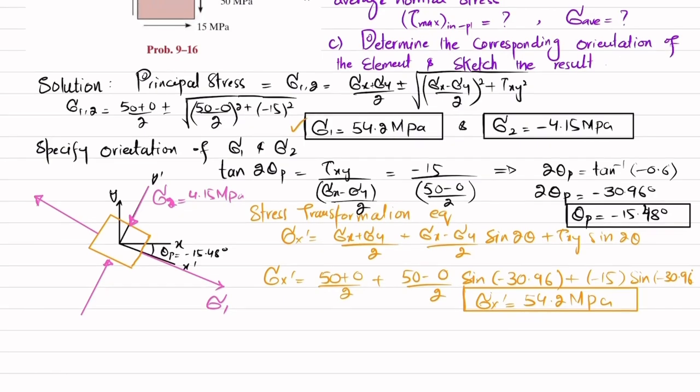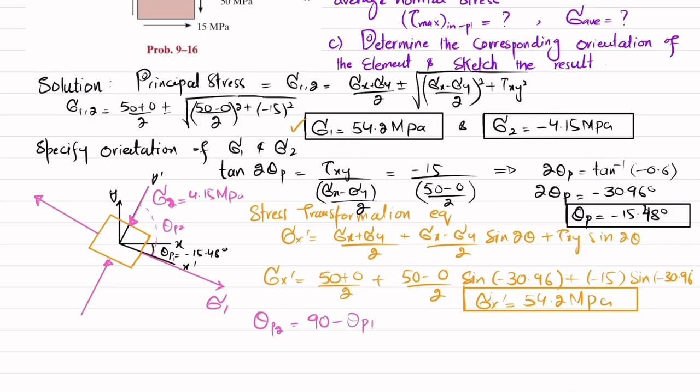Now you can see that this angle is actually theta p2, and this is theta p1. So theta p2 is equal to 90 minus theta p1. Clear?